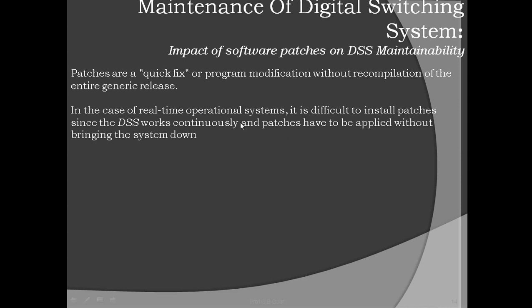I hope we will discuss this in detail later, but I want you to highlight it here. Remember, whenever you modify a program, you once again have to compile it. But here you can see, without recompilation of the entire generic release. The entire software is not required to be recompiled if you fix the bug or edit it.